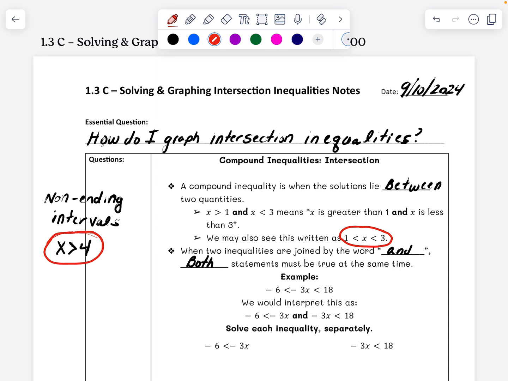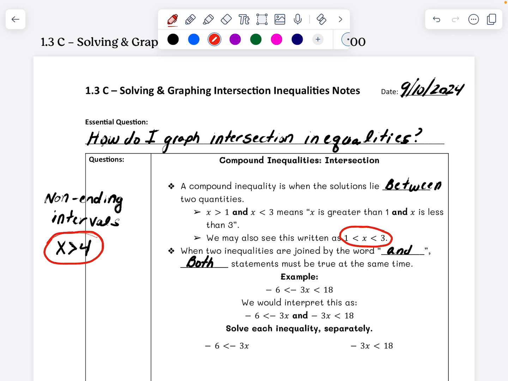So let's look at an example, okay? In our example, we have negative 3x is greater than negative 6, less than 18. So we would interpret this as negative 3x is greater than negative 6 and negative 3x is less than 18.